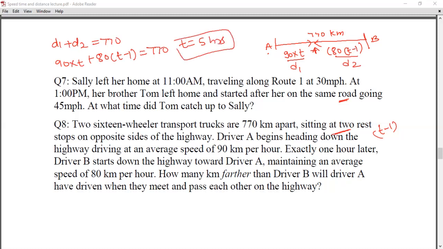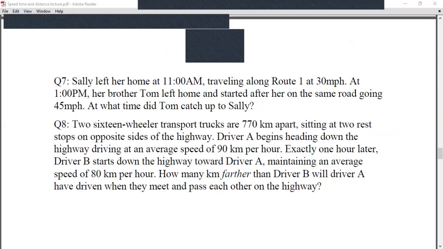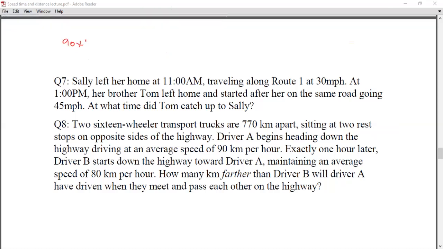Now the time is given. From this time, we can find the distances that the two drivers have covered so far. So 90 into t plus 80 into t minus 1 equals 770, and the t value came out as 5 hours.